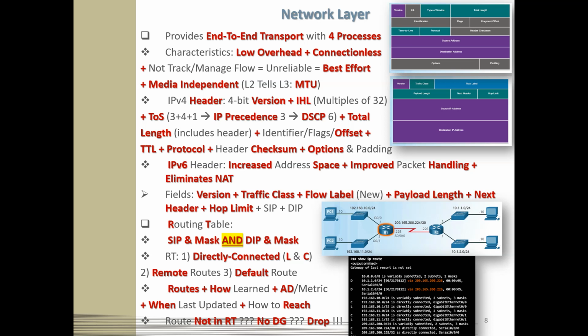What is a header? A header contains the information required to route data on the internet. Header has the same format regardless of the type of data being sent.